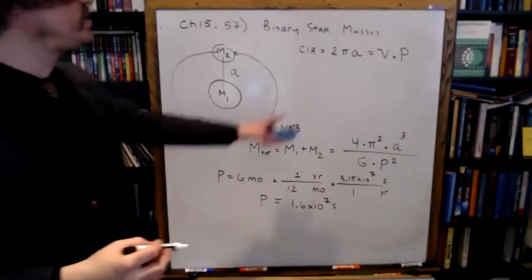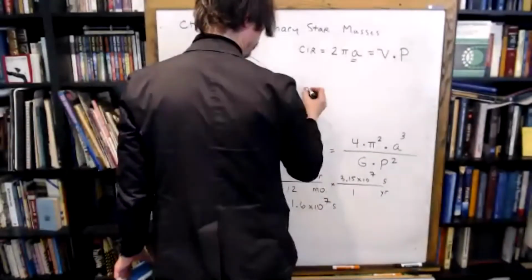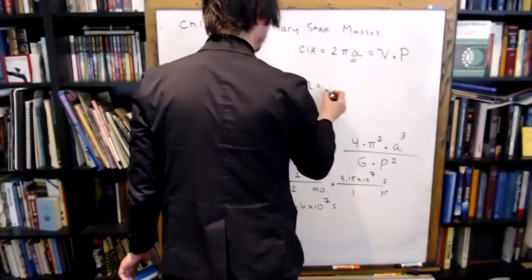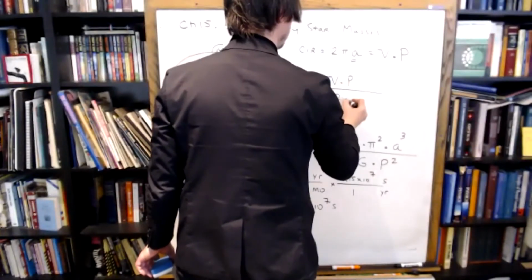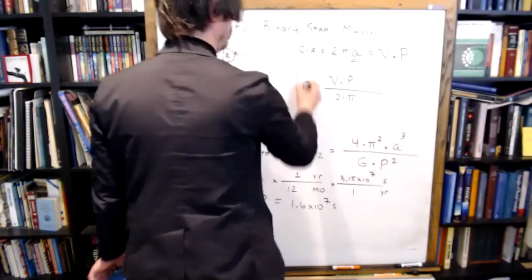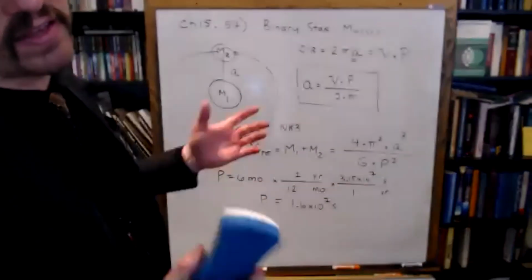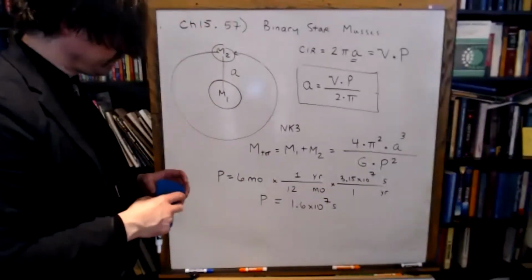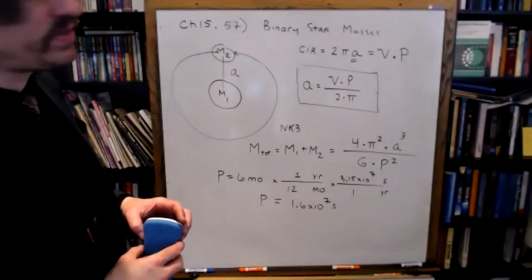And I can rearrange this formula to solve for A and come up with a critical formula for binary stars. For circular orbits, the radius of orbit is the velocity times the period over 2 pi. This is a new formula in chapter 15, and I call it the binary star orbit formula. We're going to use it to calculate our A in meters.